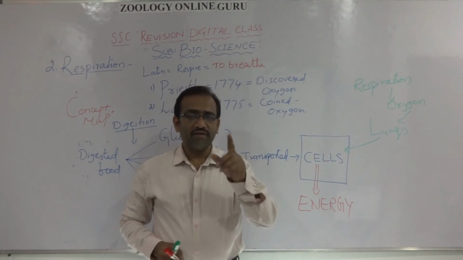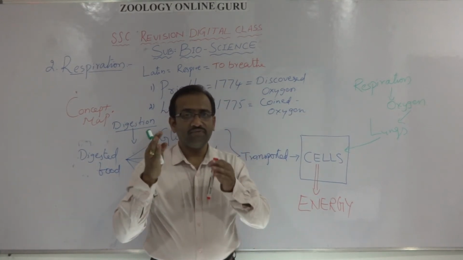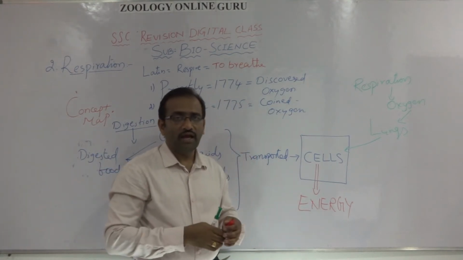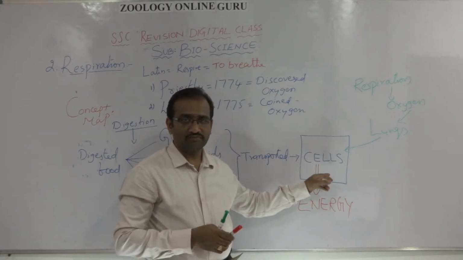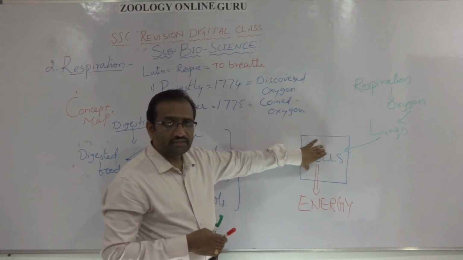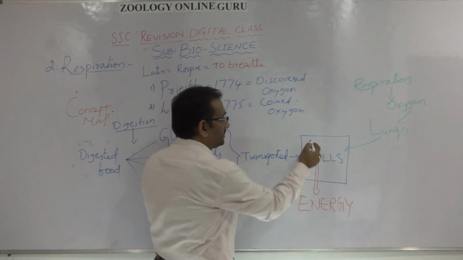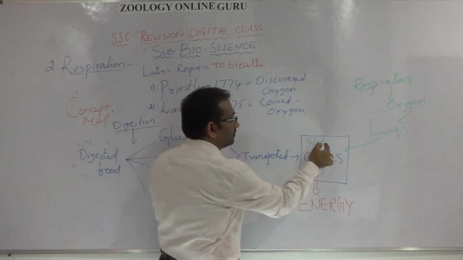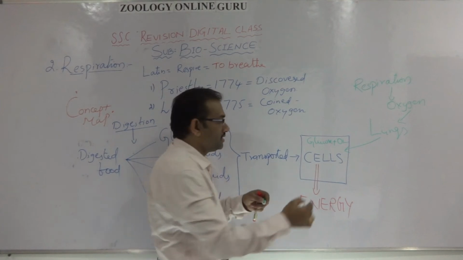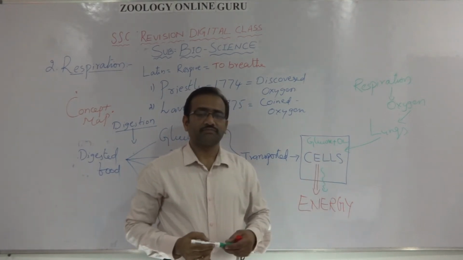Every living organism is made up of cells. Every cell receives the digested food and also the oxygen. Within the cells, this digested food, especially glucose, plus oxygen, release the energy.